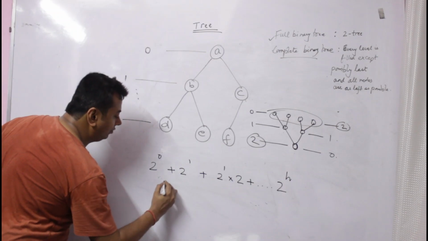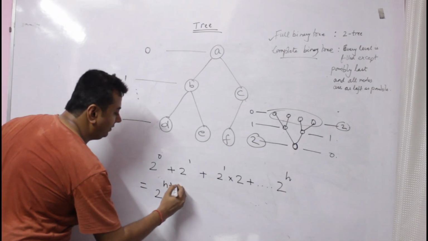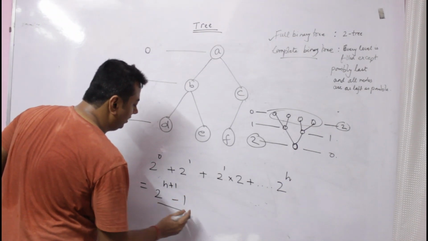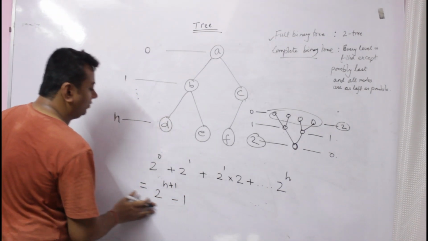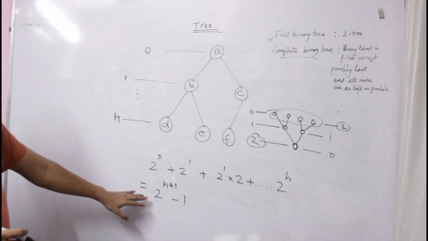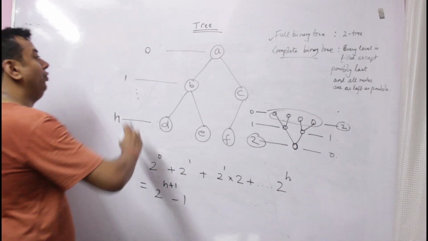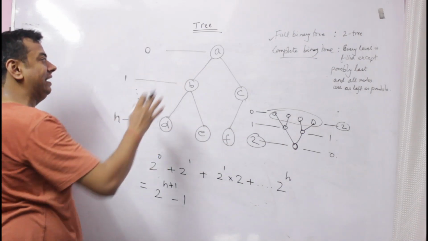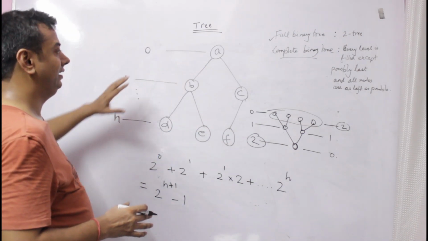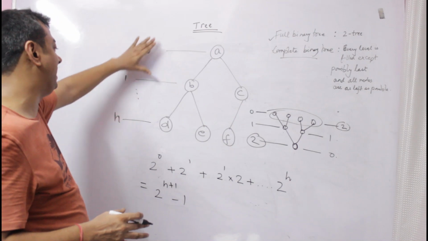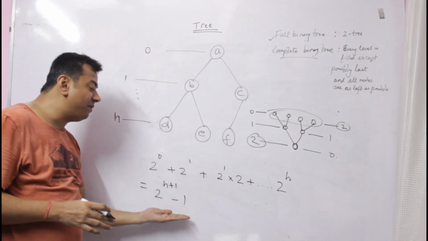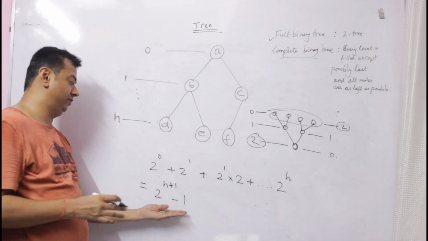If you do the computation, it will be (2 raised to power h plus 1 minus 1) upon (2 minus 1). So this is the total number of nodes it can have at max in this tree. So if a tree has height h, it will have a maximum of these many nodes.